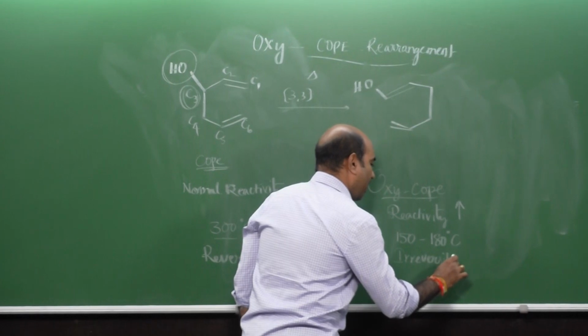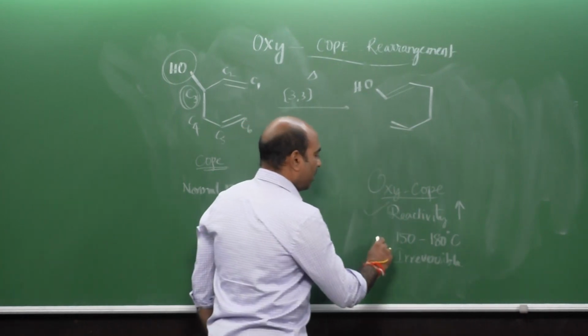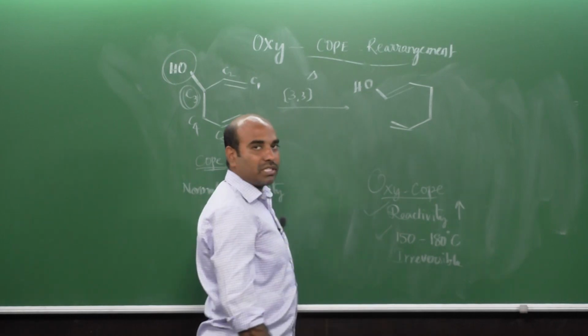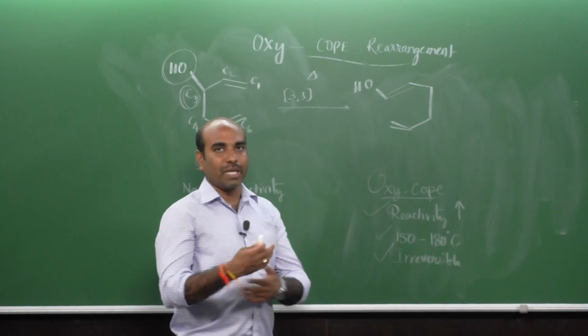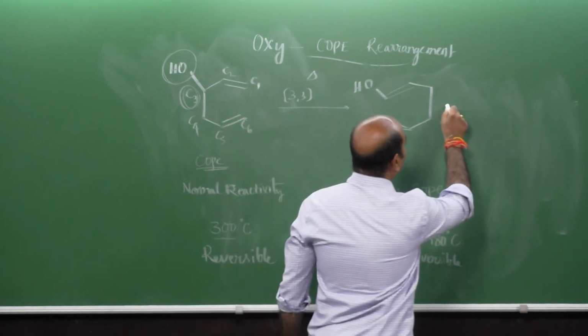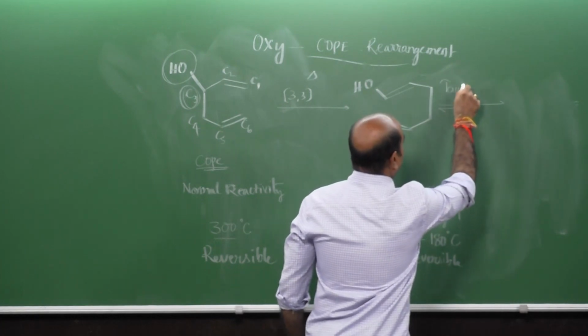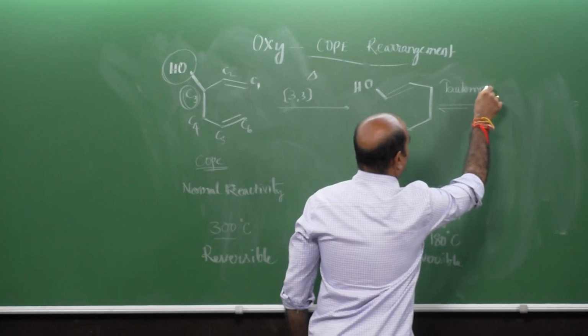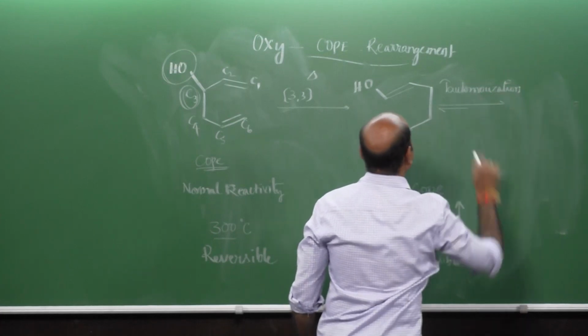The reason for the increase in reactivity, the requirement of lower temperatures, or the reaction itself becoming irreversible is that if you look into this molecule, it is capable of undergoing tautomerization.